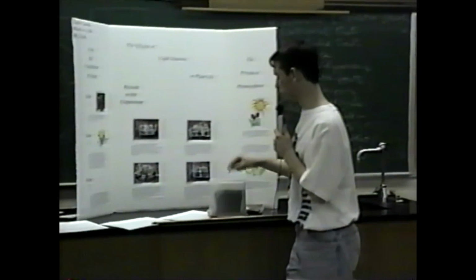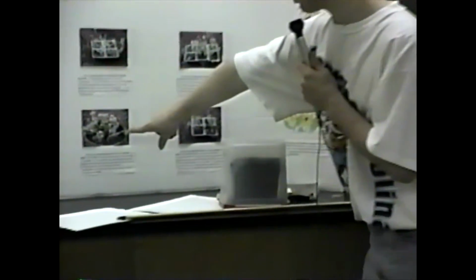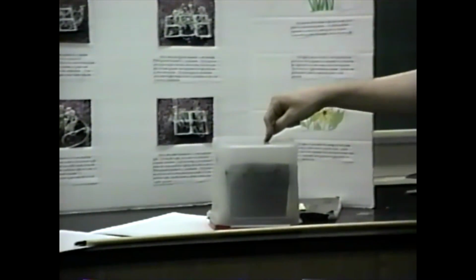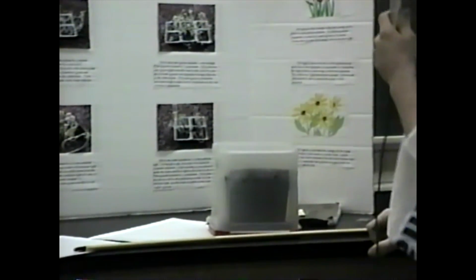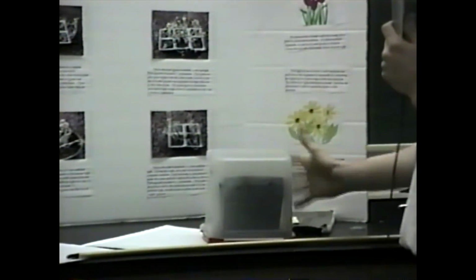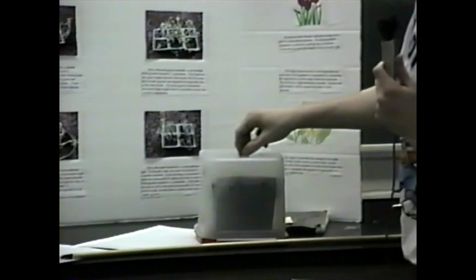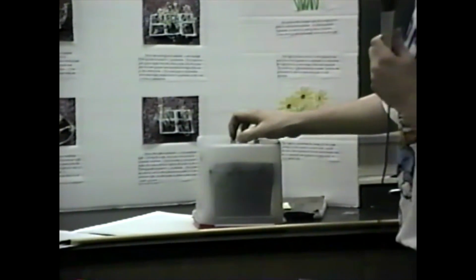And this right here is the plant that was grown in 24-hour artificial light. What I did was I added worms to the experiment, and I put the worms in here and sealed it off. You can actually see some of the dew on the top of the container. I sealed it off so that no air could get in.